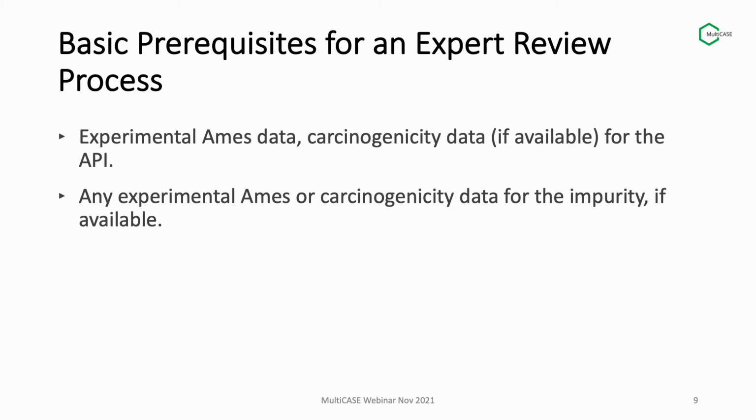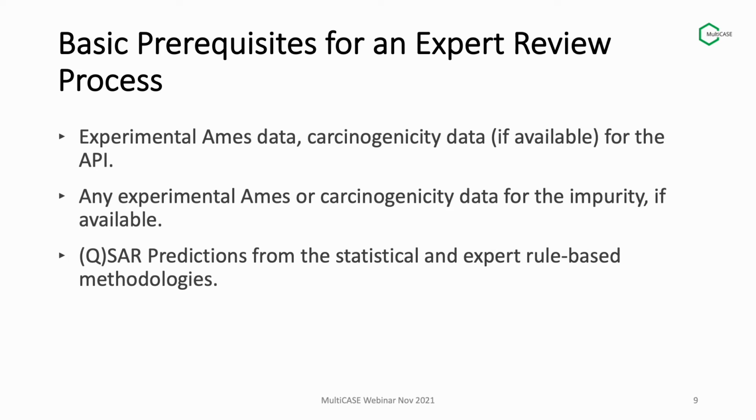Any experimental Ames data or carcinogenicity data, if available for the impurity, should also be kept as part of the process. So the experimental data for both the API and, if we are in good luck, for the impurity should be recorded.